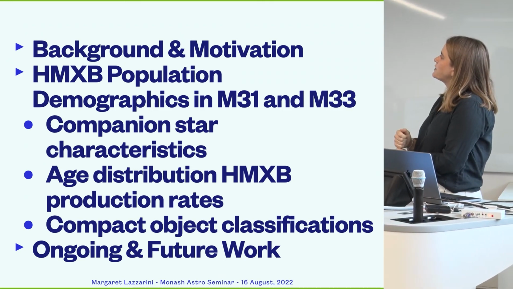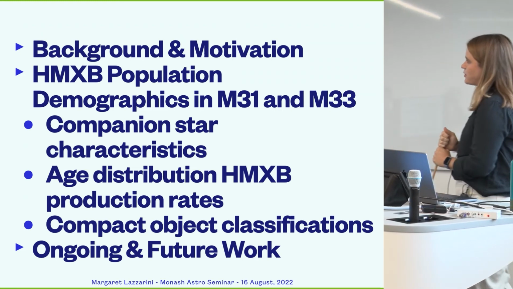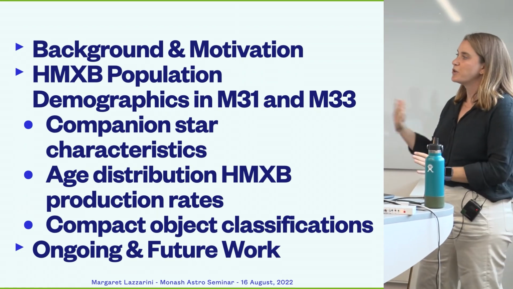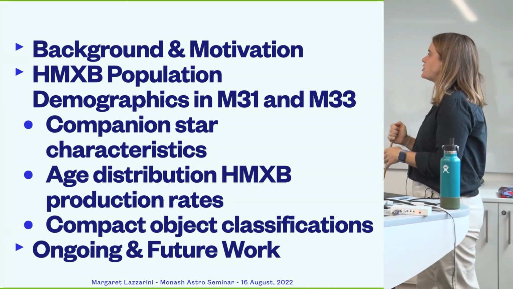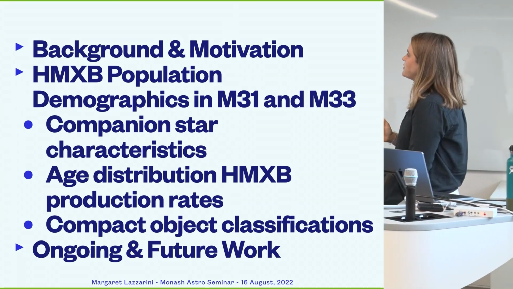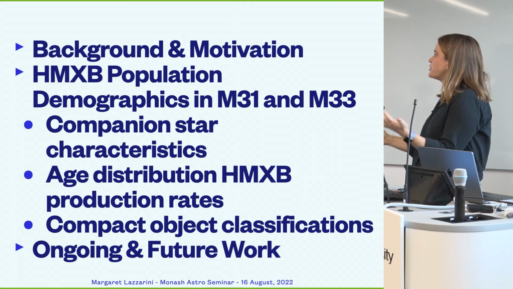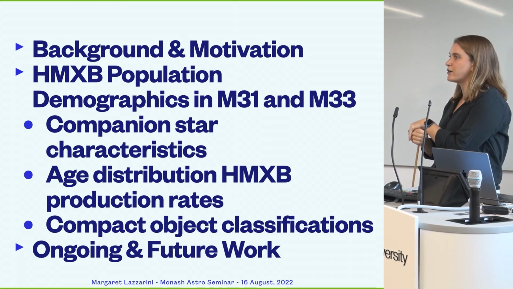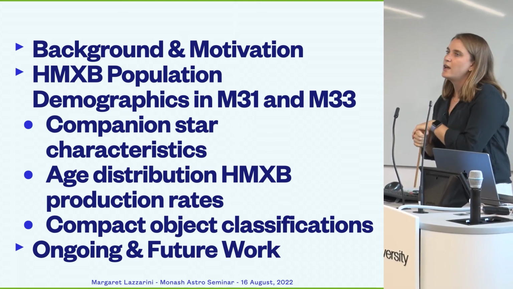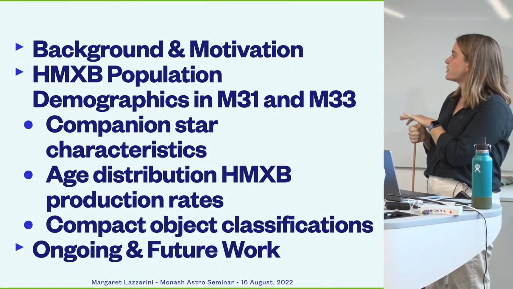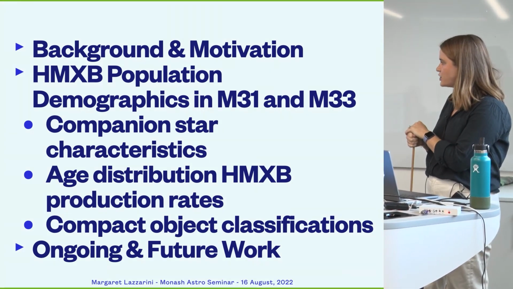I've talked about work to study the population of high-mass X-ray binaries in M31 and M33 using overlapping multi-wavelength observations from HST, Chandra, and NuSTAR, with which we can start to constrain the companion star characteristics, age distributions and production rates for the high-mass X-ray binary populations in those galaxies, and infer the compact object types for the subset of our sources for which we have hard X-ray coverage.